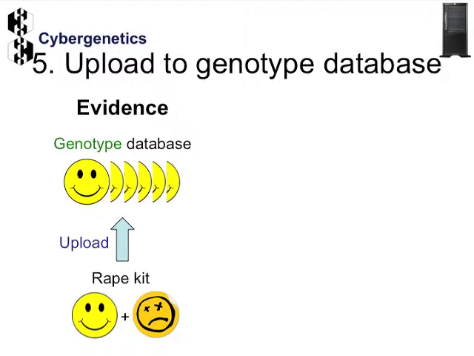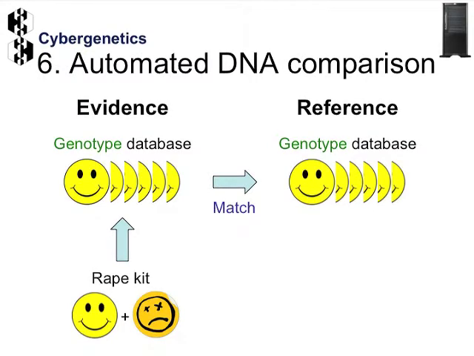Now that the evidence can be processed, obtained, turned into data, interpreted and uploaded to a database, now there's the possibility of finding a match between that evidence genotype database and a reference genotype database comprised of military personnel.